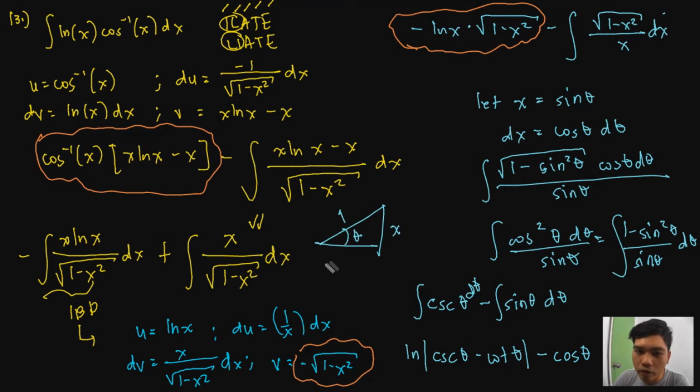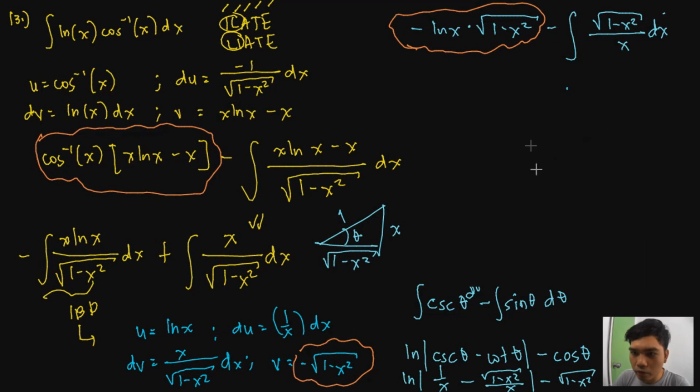Then we have 1, so this is square root of 1 minus x squared. So, looking at this, we have ln of 1 over x, okay, because that's the reciprocal, and then minus cotangent, so that is square root of 1 minus x squared all over x, okay, and then minus cosine, so that is square root of 1 minus x squared. Okay, so that is our answer for this particular expression. So we can now rewrite that, pero syempre we have to incorporate yung minus sign dito.